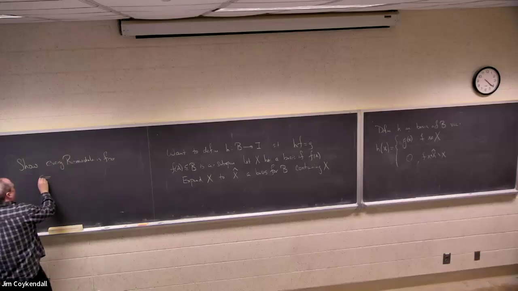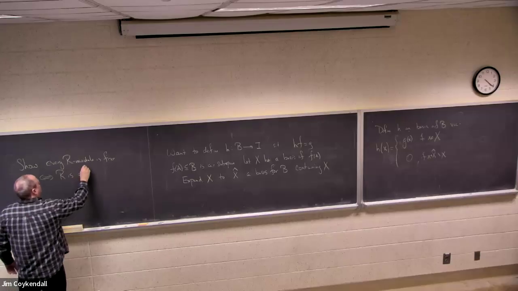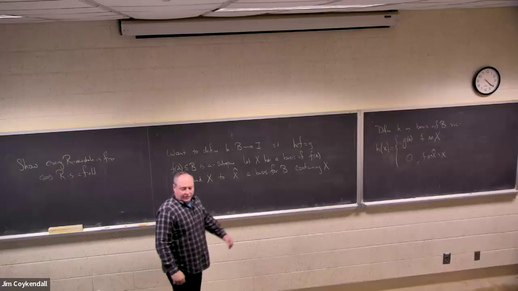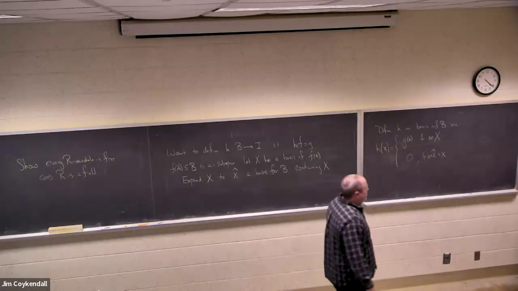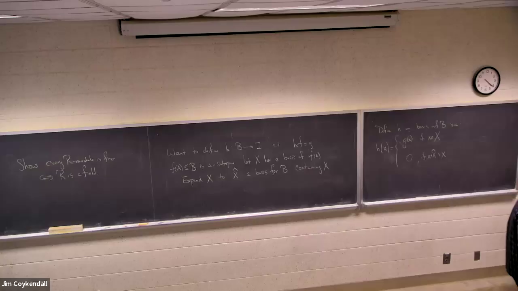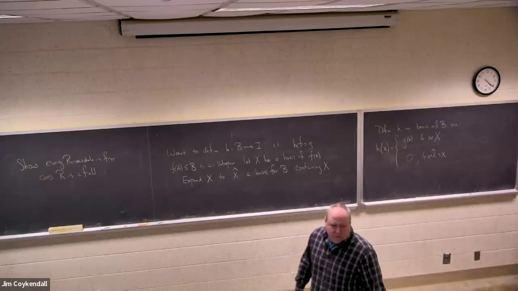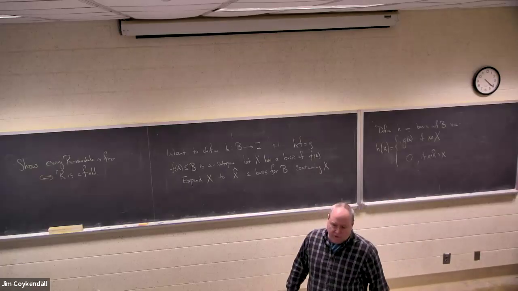Pick one of these directions and decide which would be easier. That's right. If R is a field, we already know from class that any module is a vector space and has a basis, so everything is free. Right?